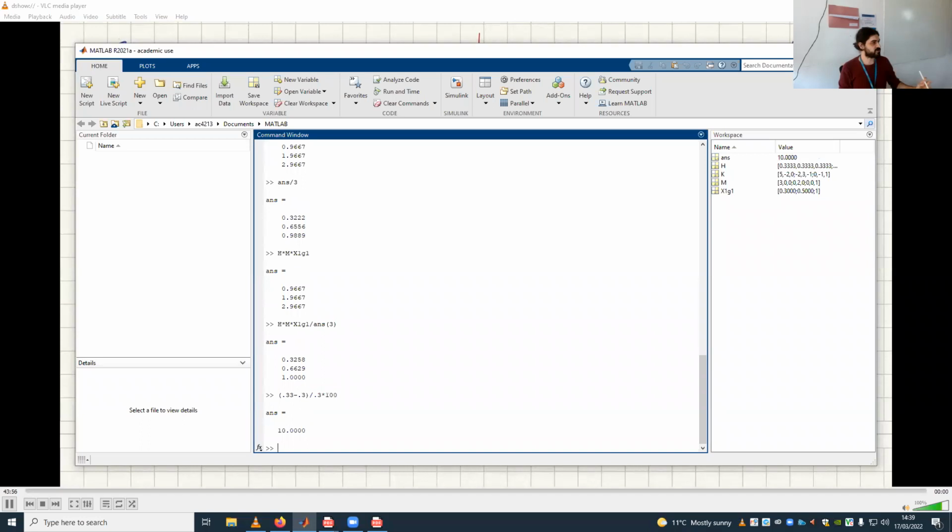This is a 10% error, of course. And this is 0.66 minus 0.5 divided by 0.5. That's a 32% error.